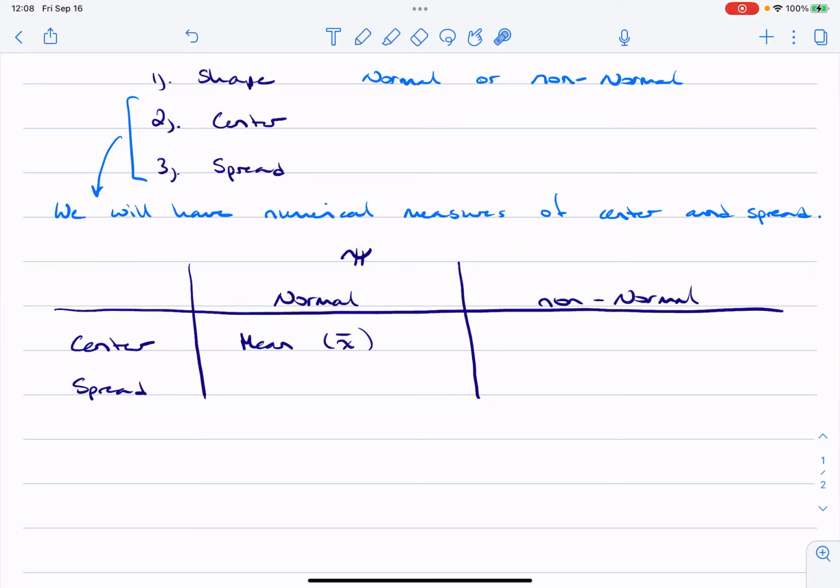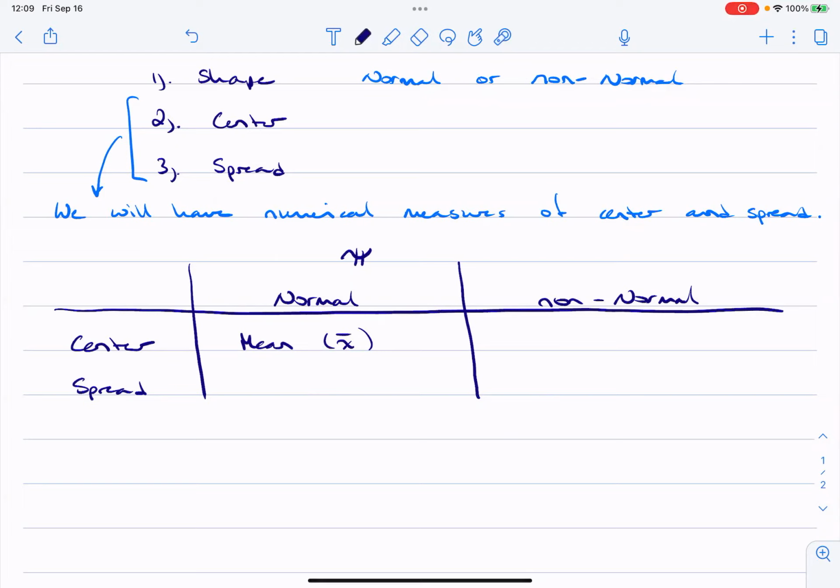Of course, with software or even hand calculations, we're able to find the mean of a non-normal distribution, but it's not an appropriate measure of center. We'll be able to calculate all these things for any set of data, but it's our job as humans to know that the mean is really only appropriate if I have a normal distribution.